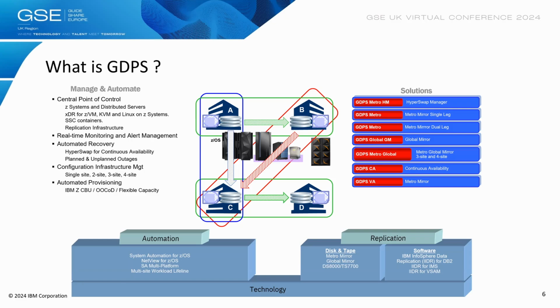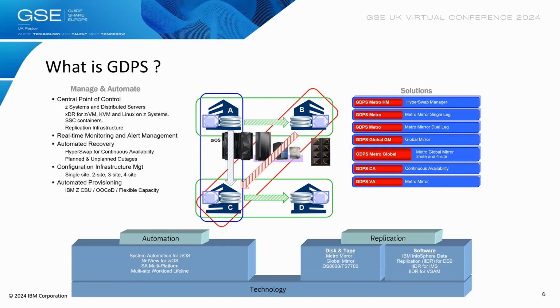Those protocols are also available on other disk vendors, actually, but to get the most out of the GDPS solution, they are really designed to work perfectly with the IBM DS8K family. Note that it also offers a solution for tape remote copy. So you can have remote copy of your tape environment that resides on the TS7700 family.